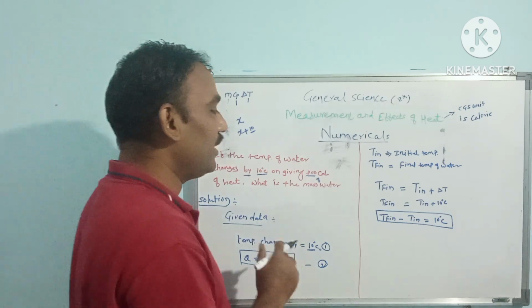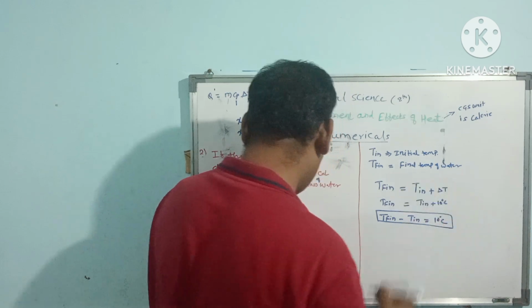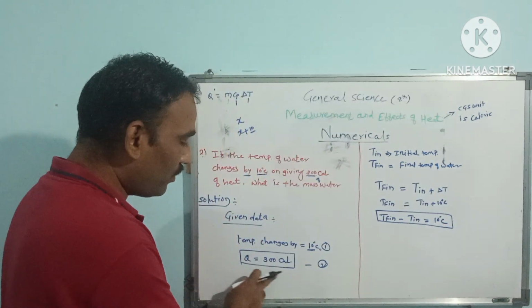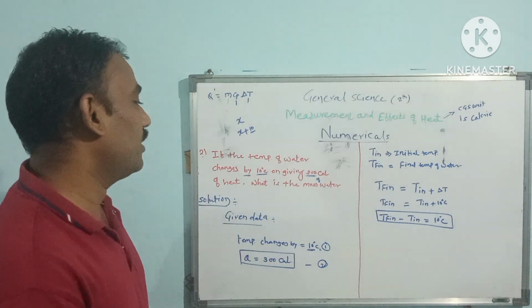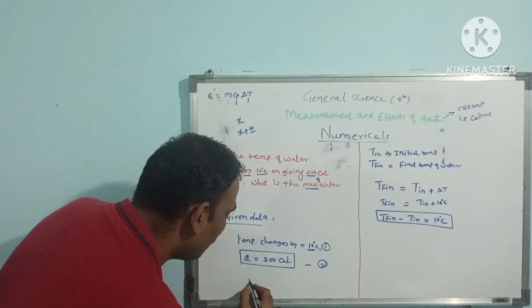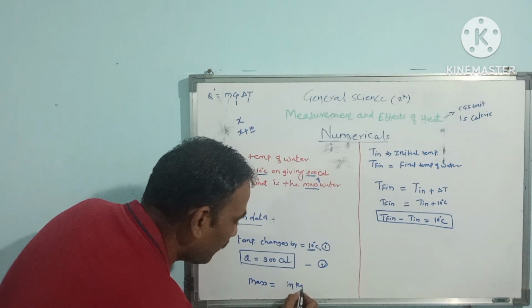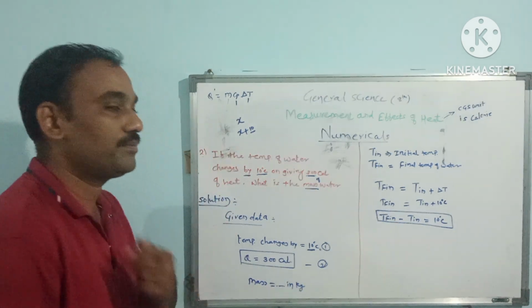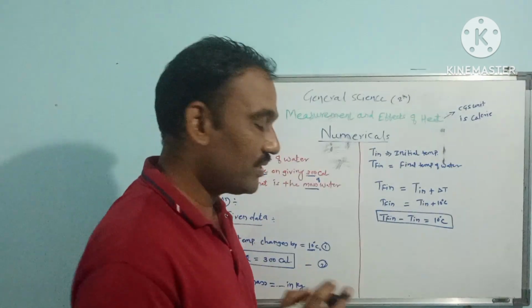Now here the temperature difference, that is T final minus T initial, is 10 degrees Celsius, and the amount of heat added to that water is 300 calorie, and we have to find out the mass of water in kilogram. For that purpose, now come to the basic equation.